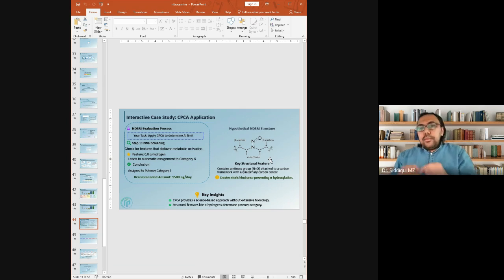If the alpha carbons are present, it is more vulnerable to nitrosamine formation, so it has to be categorized in a way, and also calculated on the basis of alpha carbon and the other features.